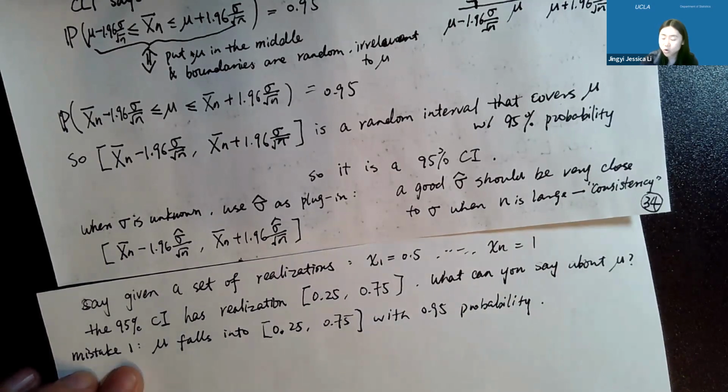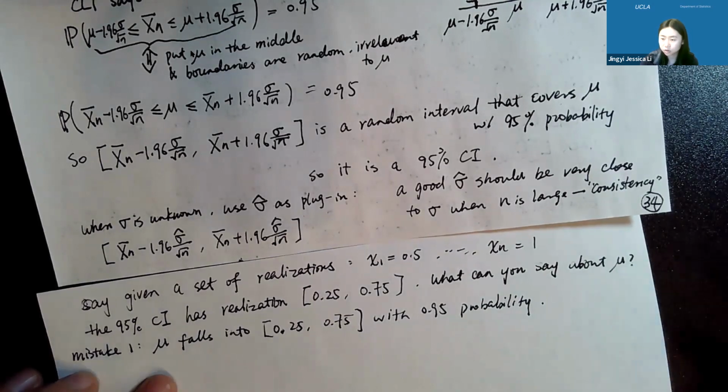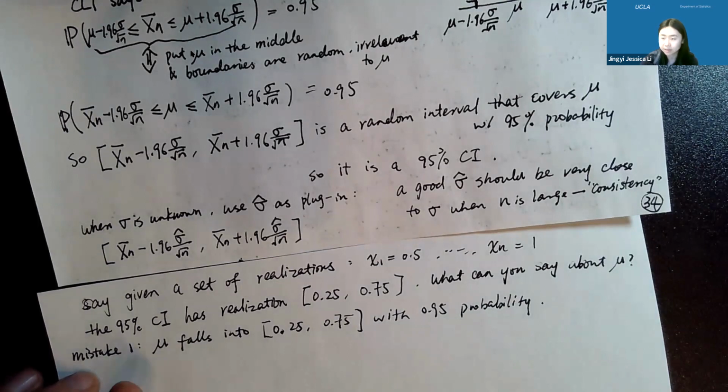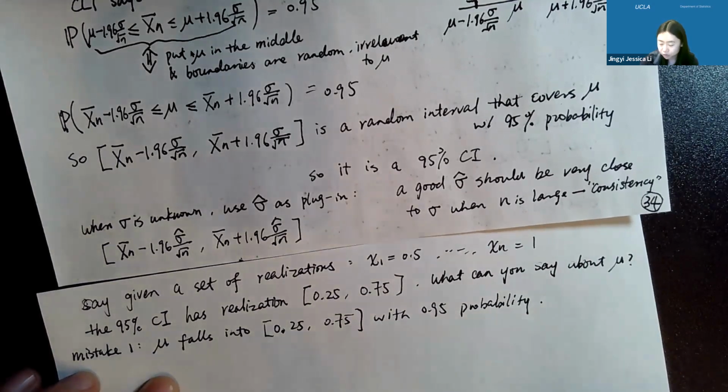But in our whole confidence interval construction, we treated mu as an unknown fixed parameter, not random, because we are not talking about Bayesian statistics at all in this class. The confidence interval is a frequentist idea. So mu is fixed, and this interval is fixed too.